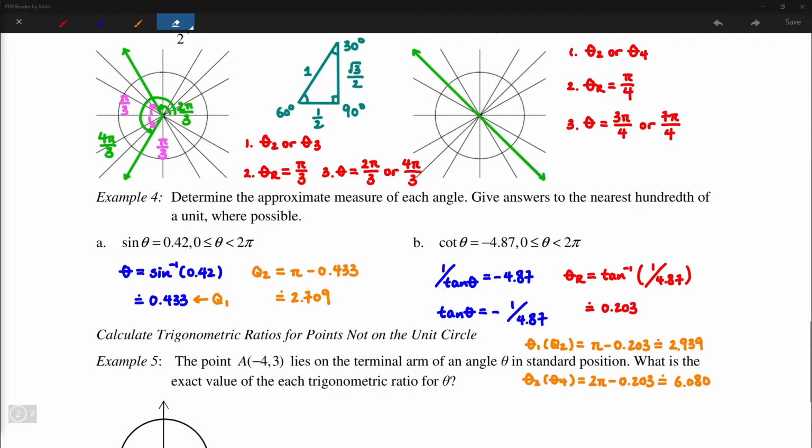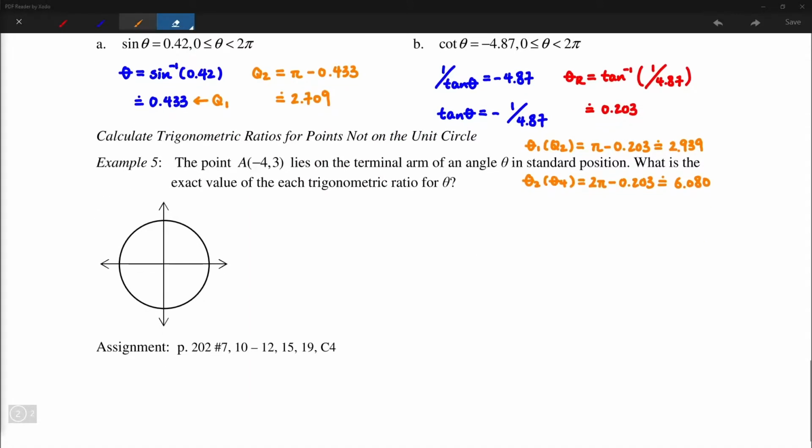So we have one more example. Example number 5. The point A, -4, 3, lies on the terminal arm of an angle theta, and we're looking for all 6 trigonometric ratios.